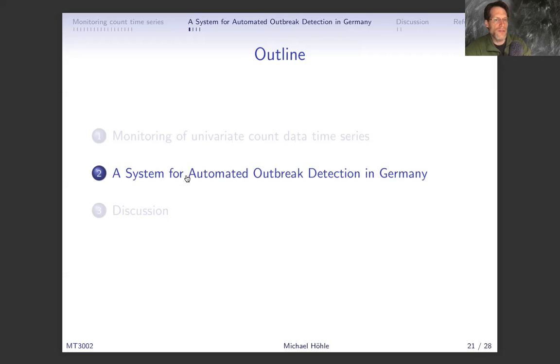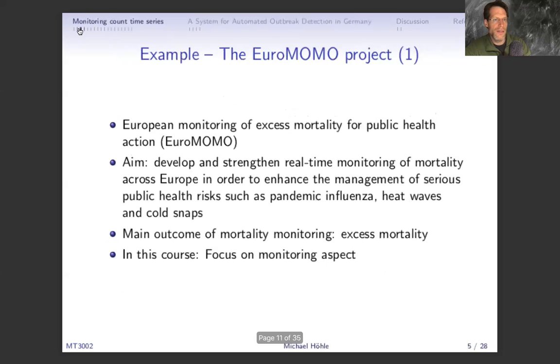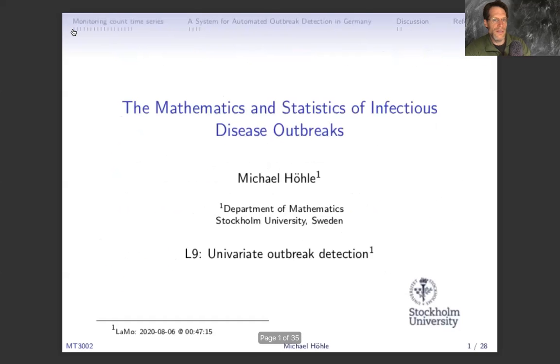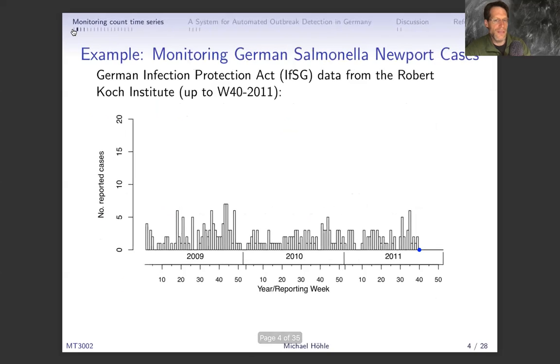So this is not purely something nice from a mathematical point of view. Here you really go in the direction of having a high volume of data, because you get weekly data. Of course, looking at such a time series as I did in the motivational example, you don't really need statistical methods for that. But imagine this is Salmonella.